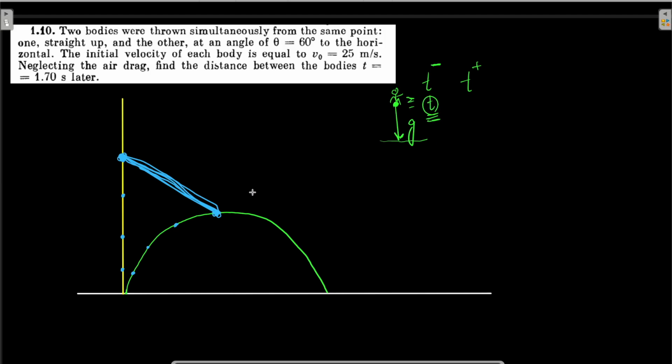So what will this person observe? He'll observe the same distance between them as anyone who stands here. Both person A and person B will observe the same thing. Why? Because only perspective can change length.